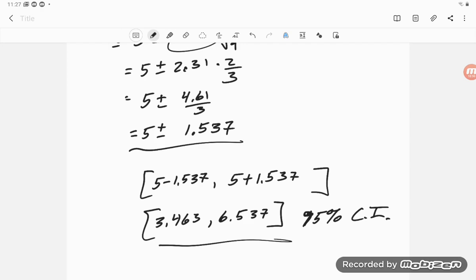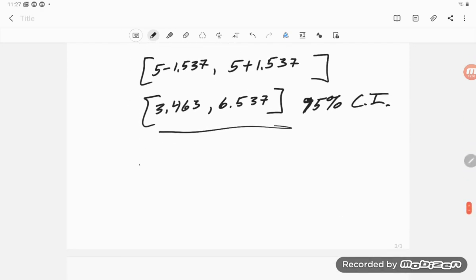Because what happens is if you go to t of infinity, okay, so in other words, you have a lot of data, that this is the same as the normal distribution or the z distribution, okay? And if you look down at the bottom of the table in our text, it's at 500 actually.